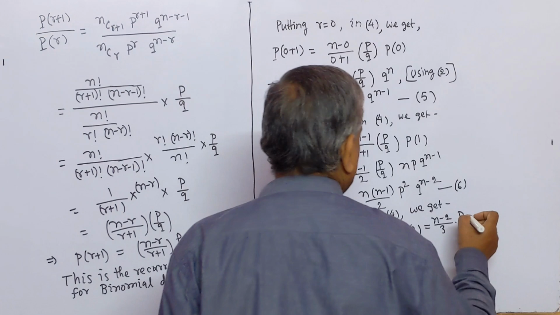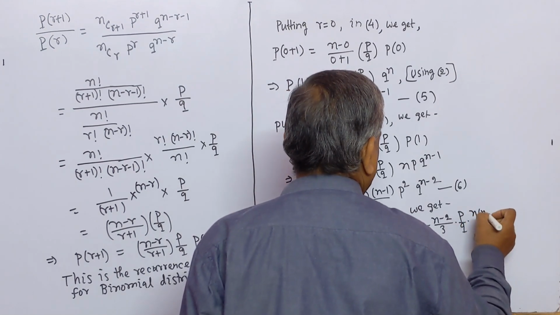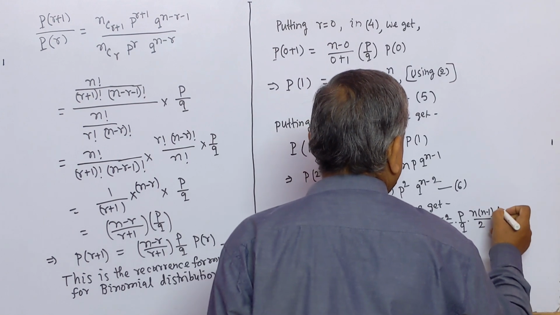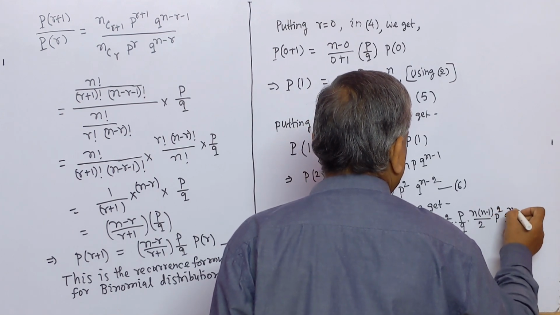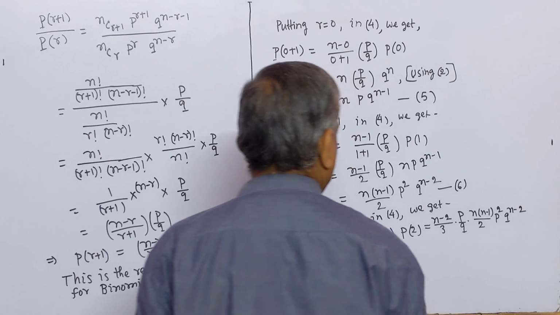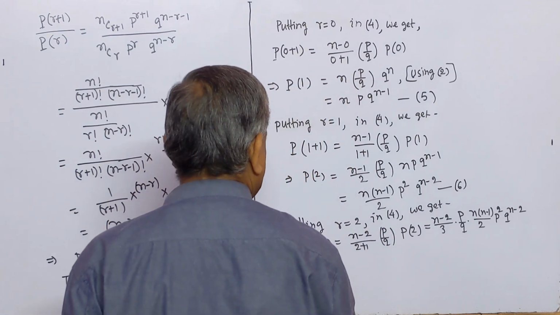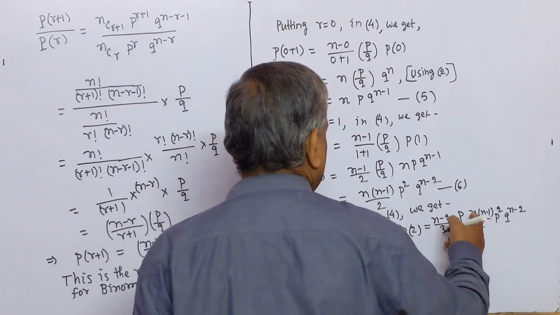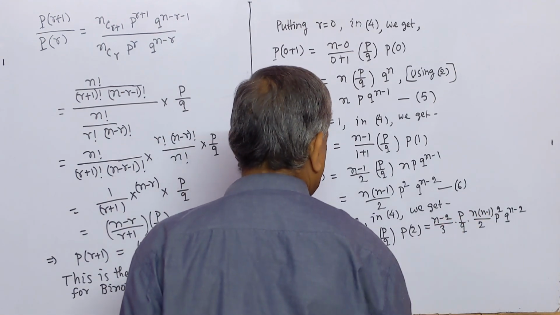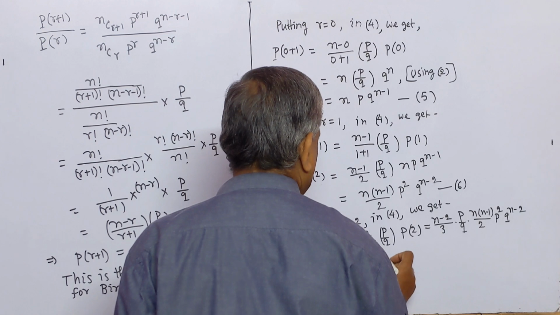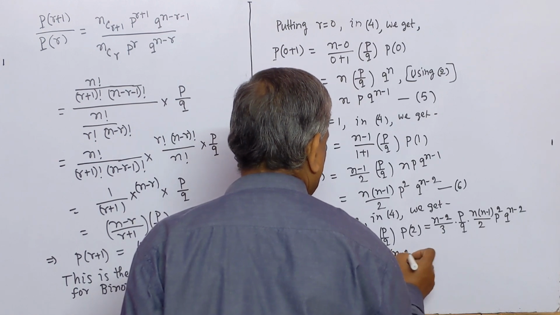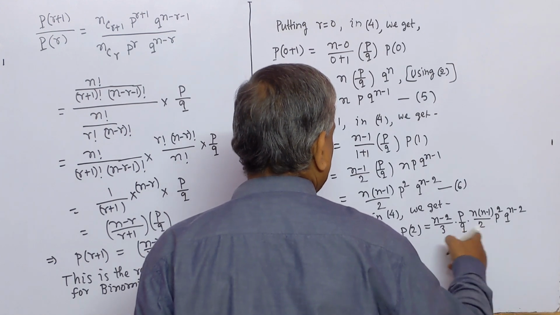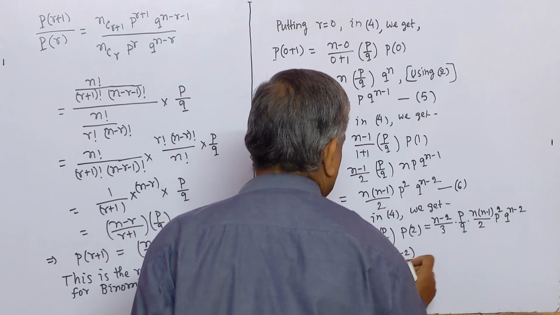P(2) is n(n-1) by 2 p^2 q^(n-2), implies that P(3) equal to n(n-1)(n-2), here 2 multiply by 3. This means 1 multiply 2 multiply by 3, which means factorial 3.